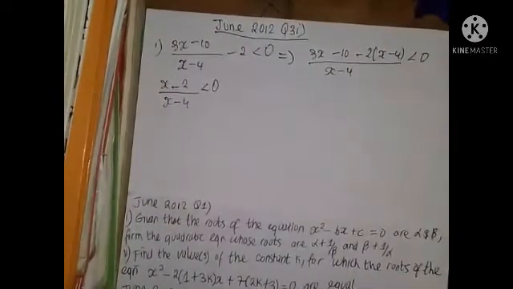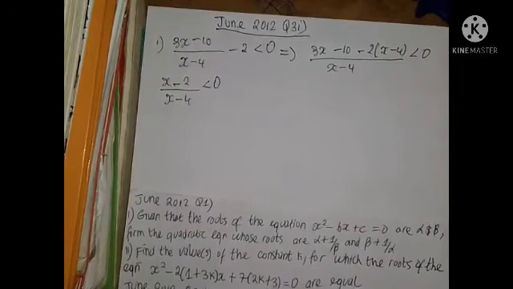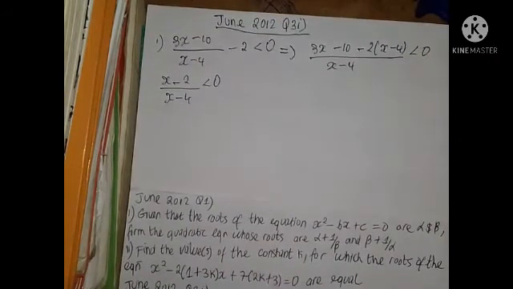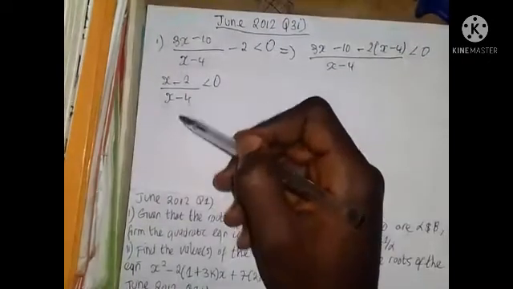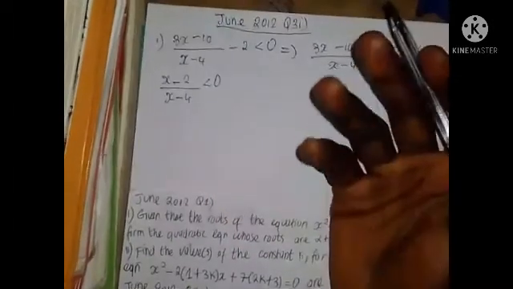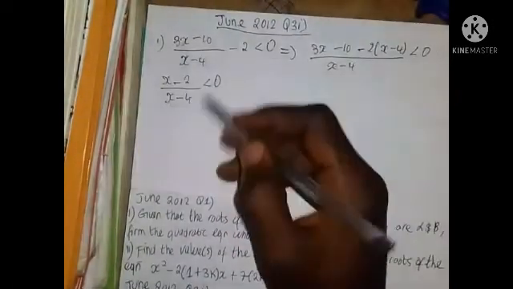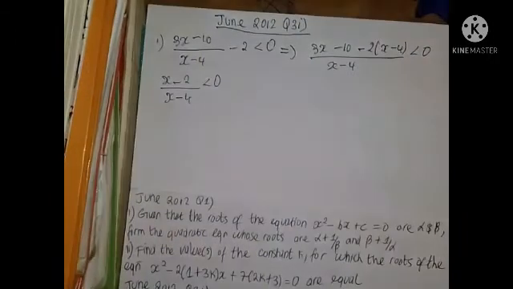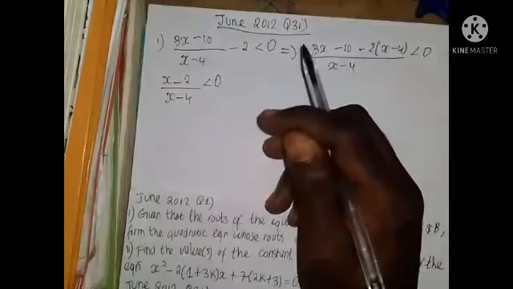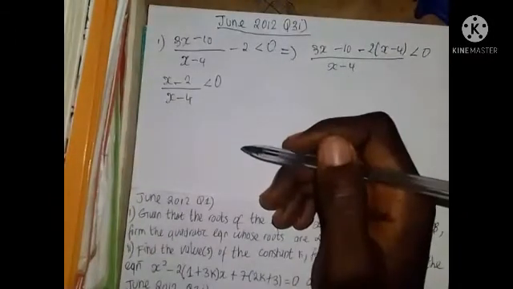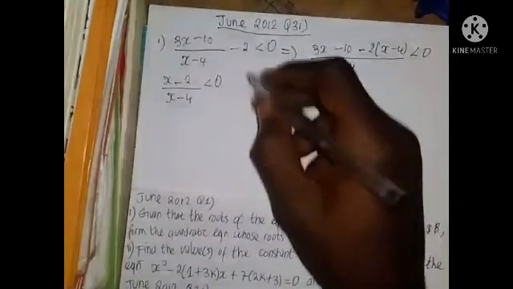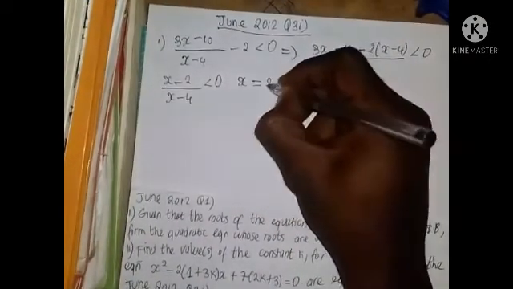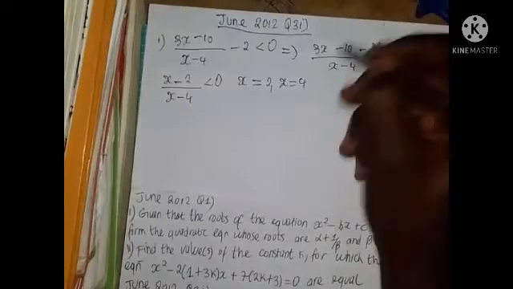Now, at this level, you're going to stop here. You equate the numerator and denominator to 0 to get your boundary values or your critical values. We're going to have x equal to 2 and x equal to 4.